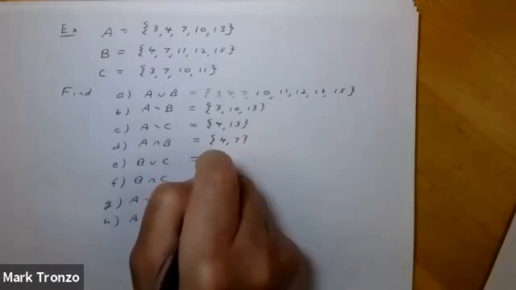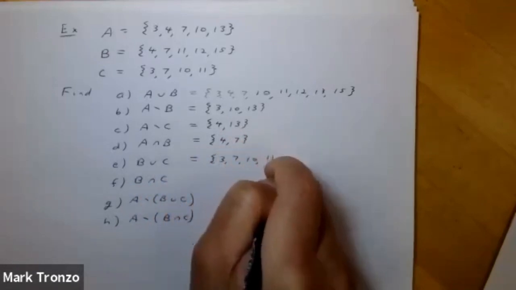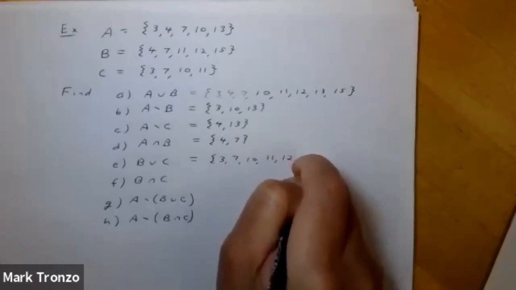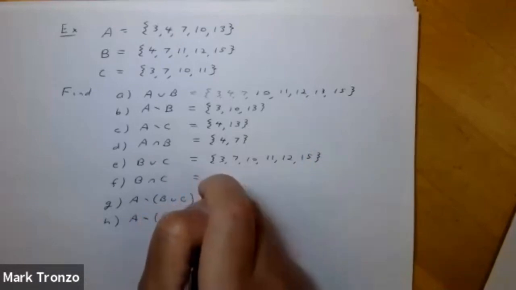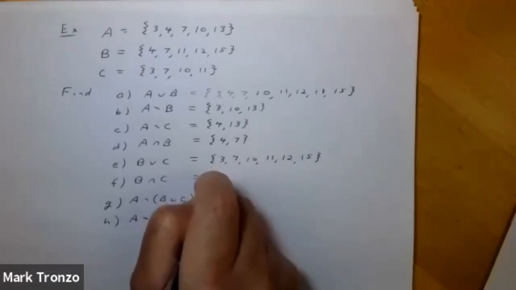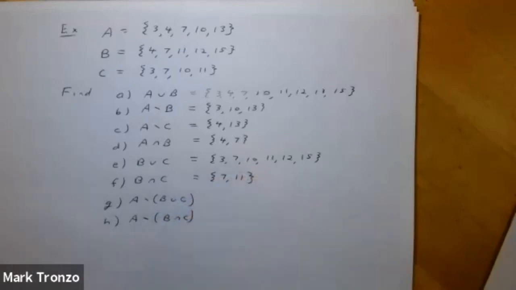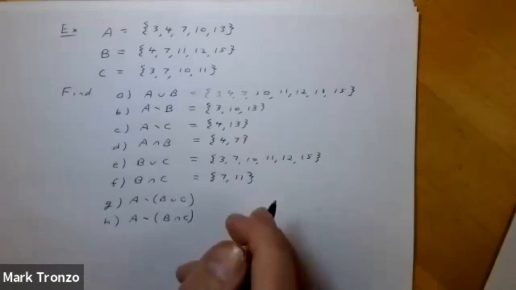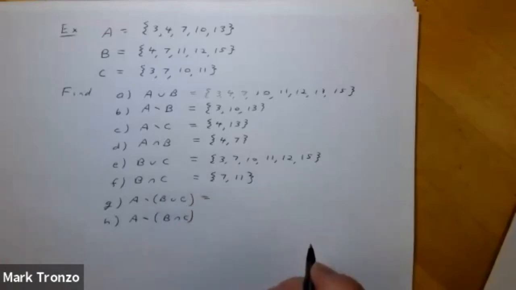Again, let me write these longer ones here. This is just a union, so not very challenging. And the intersection, we get 7 and 11 for F. Wouldn't E also have 4?